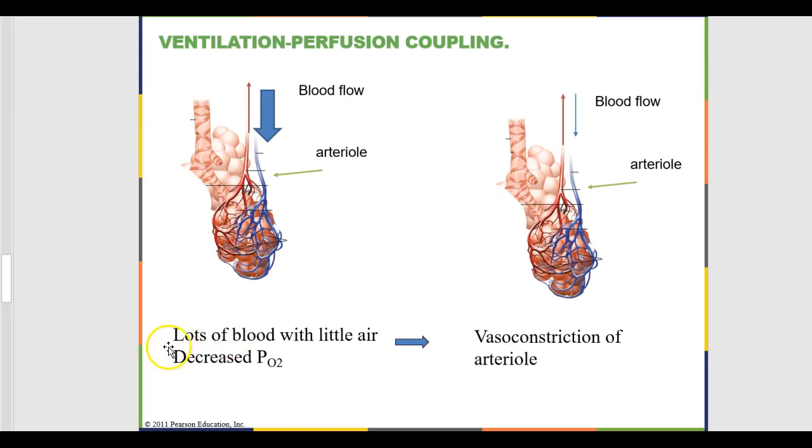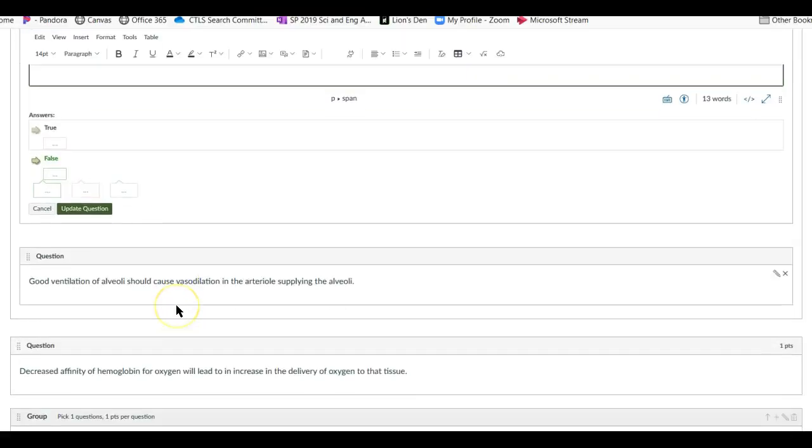If you have less PO2 and a fully perfused alveolar capillary, so lots of blood going to an alveolus where there is not lots of oxygen, then you would get vasoconstriction, so that you're not sending blood to a part of the lungs where there is not a lot of oxygen availability.